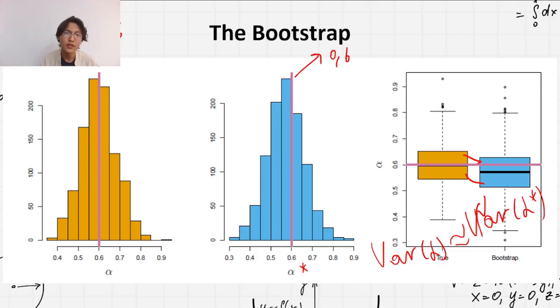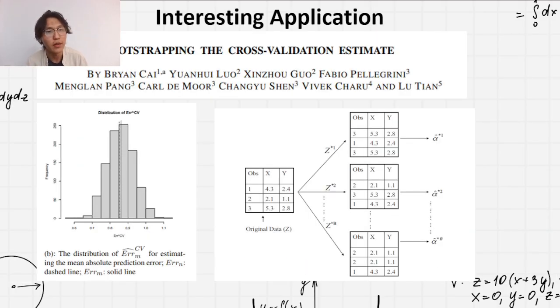And let's see some interesting applications of the bootstrap method. So the bootstrap method, in a recent research paper, was used for a cross-validation estimate. That's actually pretty funny because cross-validation and bootstrapping are both resampling, but we use bootstrapping to see how certain our cross-validation is, how confident we are that the performance is such and such.